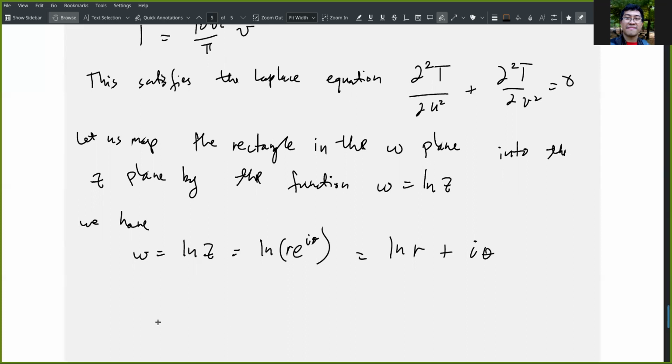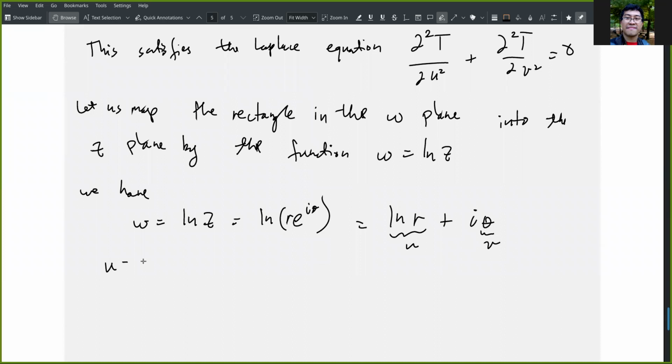Okay, so here this would be our u, this would be our v. Okay, we're writing u equals ln of r, v equals theta.